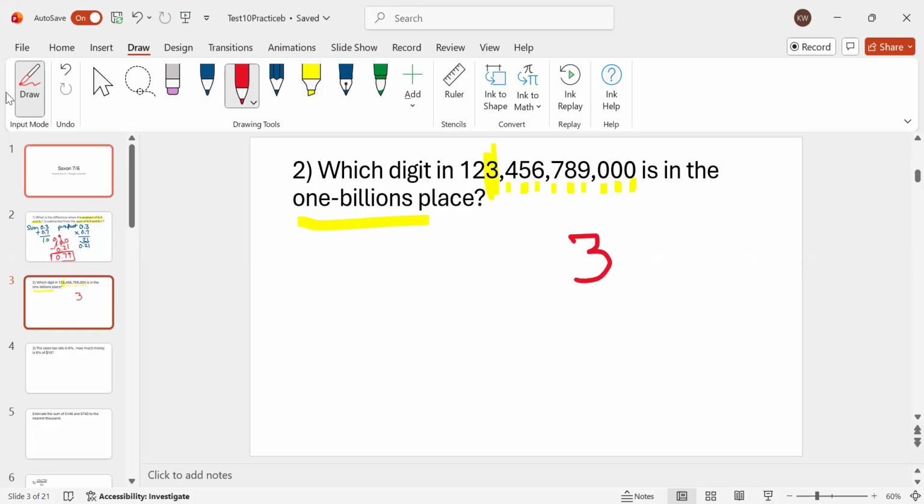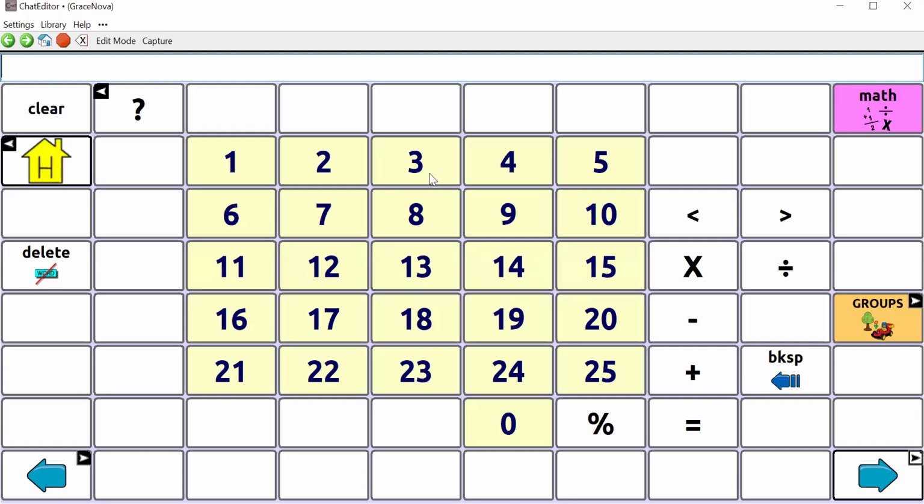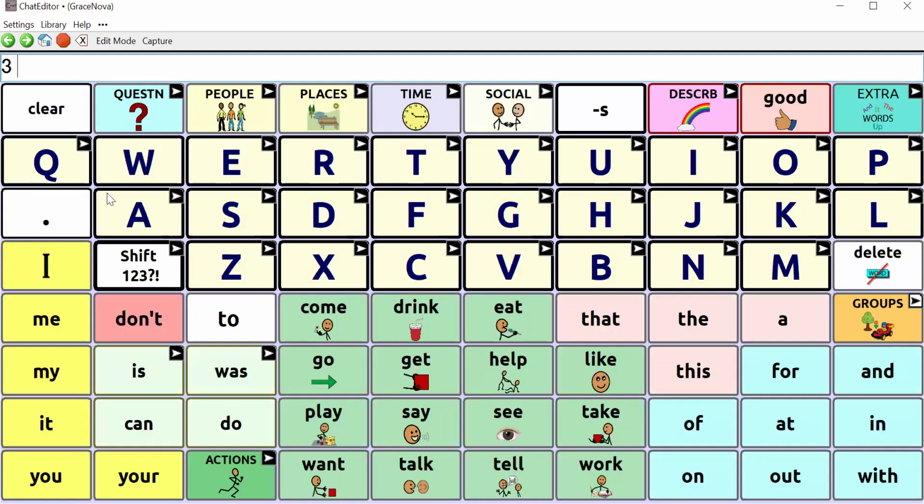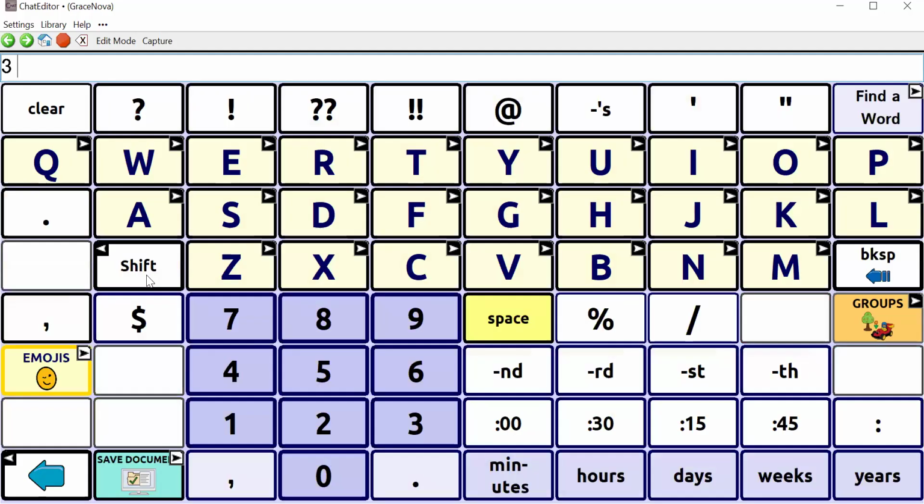Now this one, you could look at this number and figure in your head which of these it is. You could perhaps even just point to the proper digit with your finger. Or you could go to your talker on the QWERTY page, go to numbers, and hit the digit, then hit space.